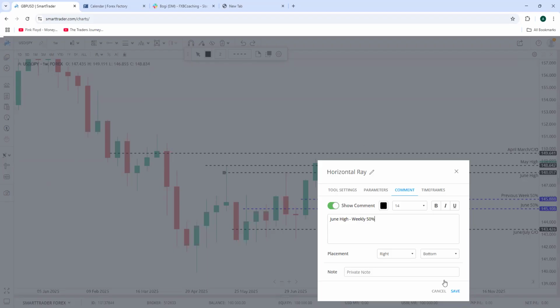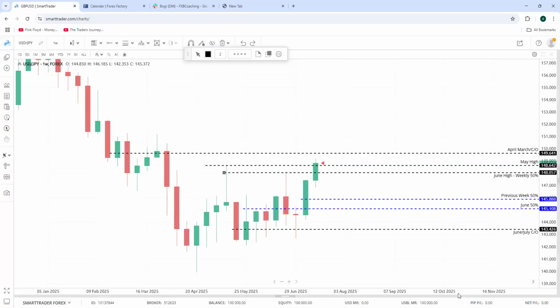There you go. That's better. I actually got to color it. There we go. Now we go.